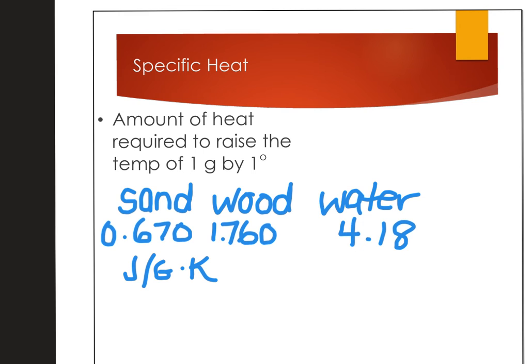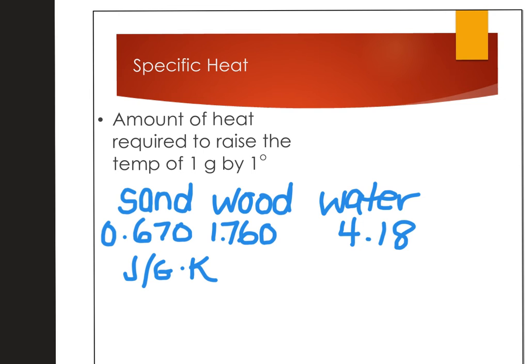Well, the specific heat of sand is less than 1. It's 0.670. And water is really high, 4.18. So what that means is that it only takes 0.670 joules per gram to heat sand up 1 degree. So the sand is going to get hotter quicker.